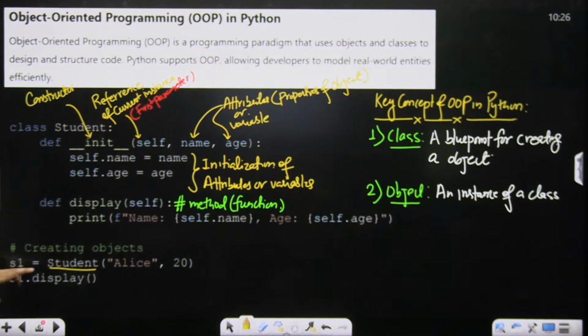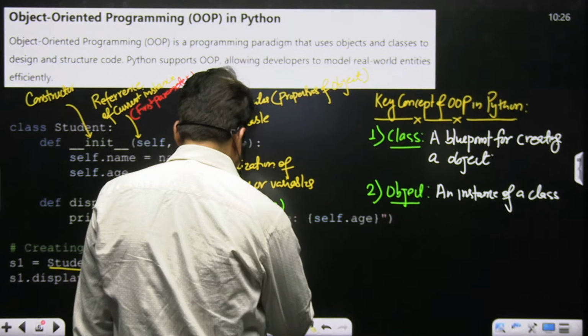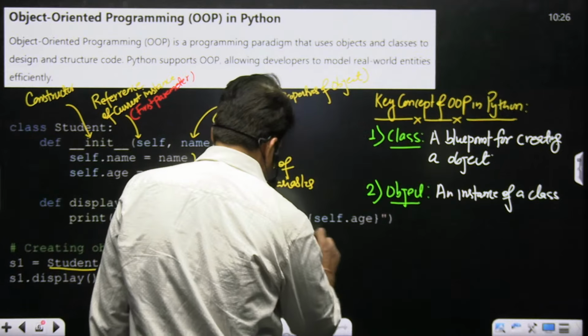So if you write this line, student, Alia, 20, then what will happen? You are creating the object s1, an instance.